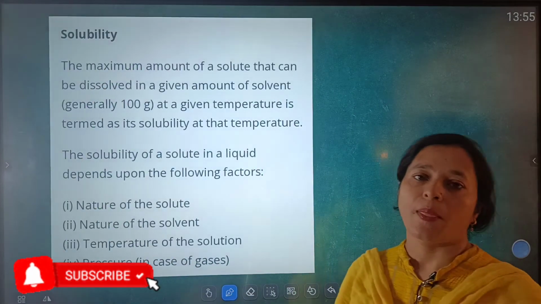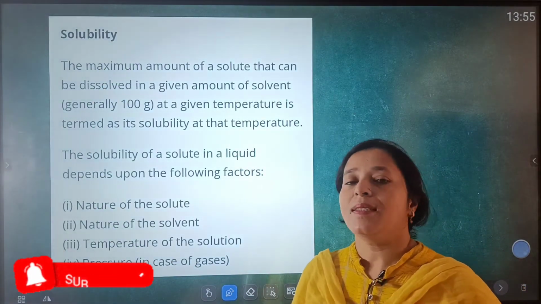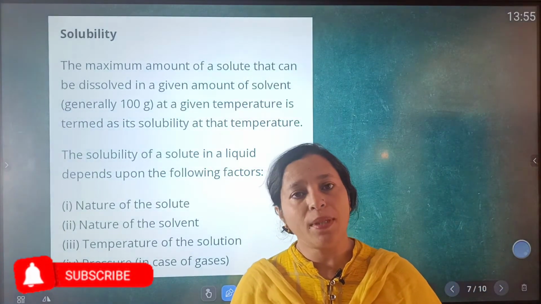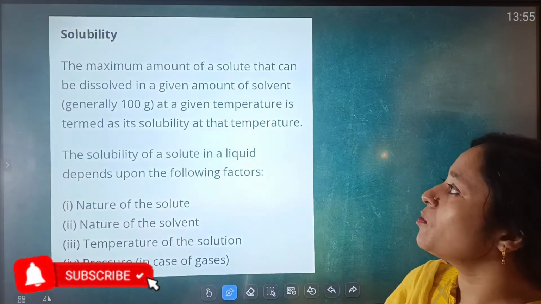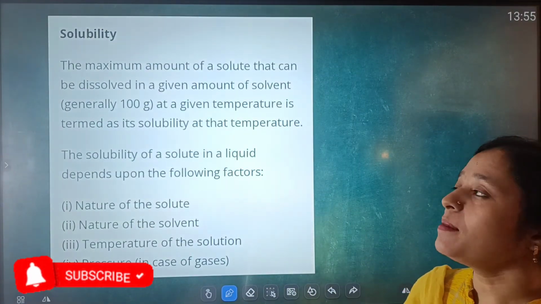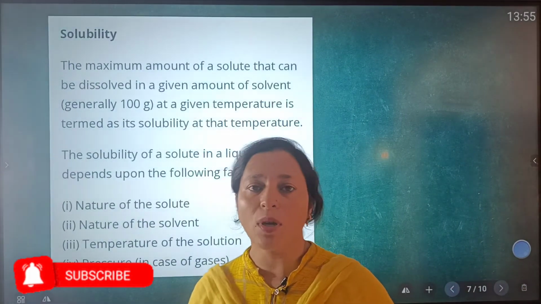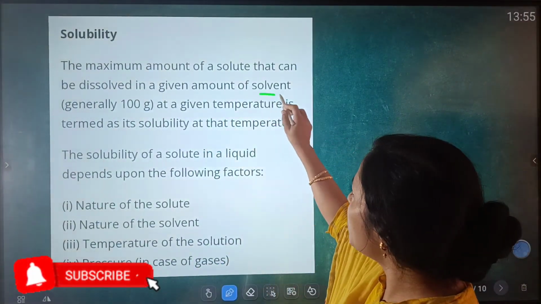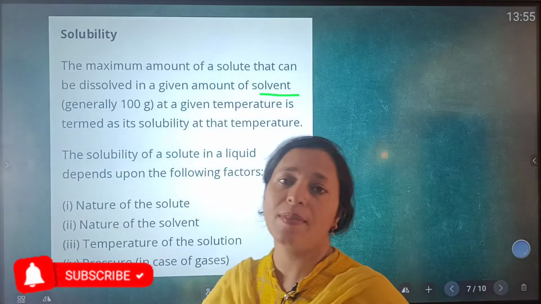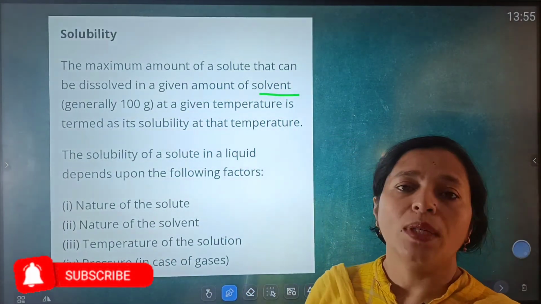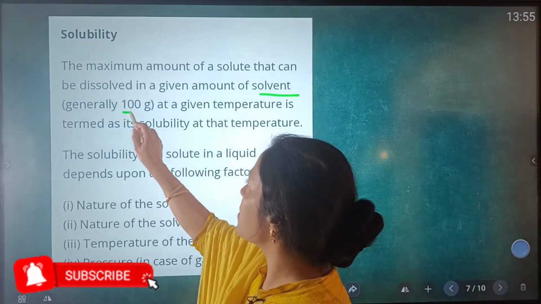Solubility. When we are talking about solute and solvent, then solubility is definitely going to come. So what is solubility? The maximum amount of a solute that can be dissolved in a given amount of solvent. How much amount of solute you are going to dissolve in a solvent, that is its solubility. Generally, we take it as 100 grams.